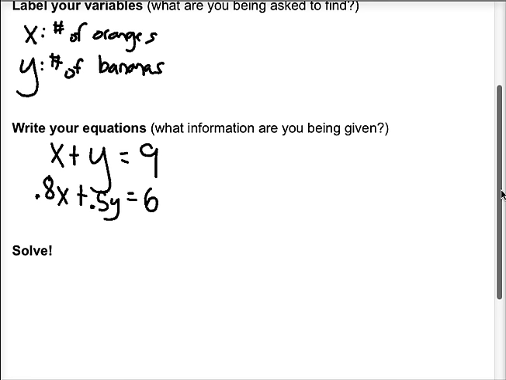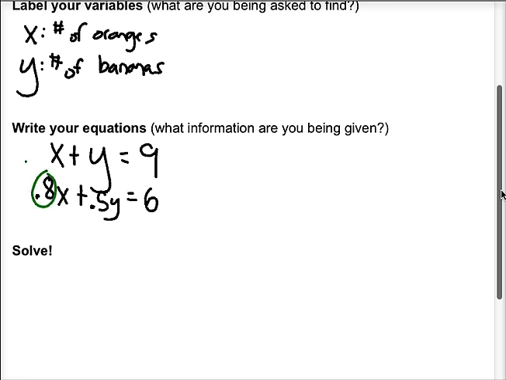Now I just have to figure out a method to solve them. Now both are already in standard form, okay? So that's looking pretty promising, having them already in standard form. So that means I'm probably going to use elimination, but I need to see how I am effectively going to use elimination. So again, the tried and true method.